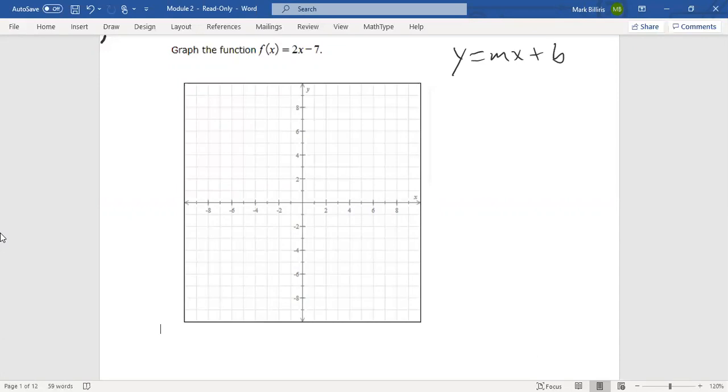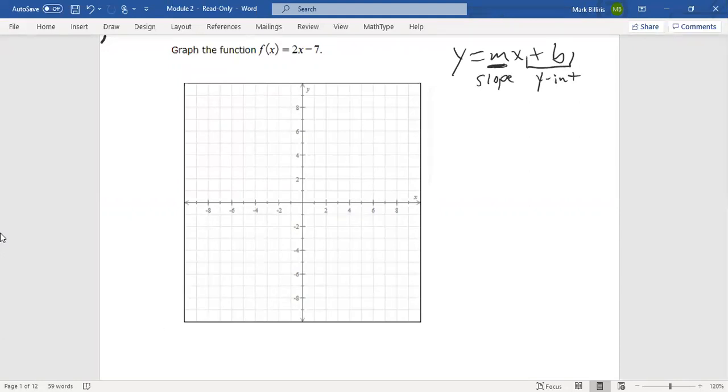These functions are already going to be in that form, but when we're dealing with equations, we want to solve for y so that y is isolated. Now to review, the coefficient of the x is our slope, and our constant at the end is our y-intercept, which will be our starting point when we graph.